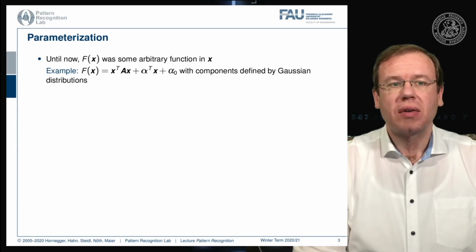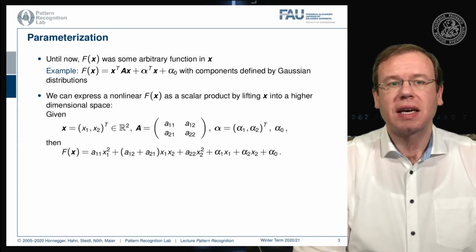So generally we can express it as a nonlinear function, and the idea that we want to use now is to linearize our estimation, and what we will do is map our function into a higher dimensional space. So if you consider, for example, the quadratic function, then we can express it component-wise in the following way.